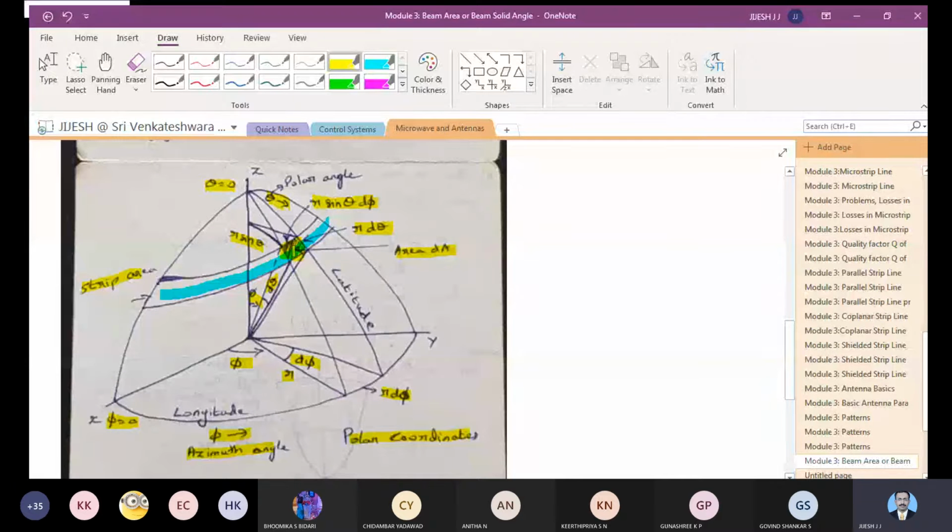To find the beam area, you need this small incremental area, defined by r sin theta d phi on one side and, as clearly specified in the figure, r d theta on the other side. You will write the equation for this incremental area dA and then proceed further with the entire process.